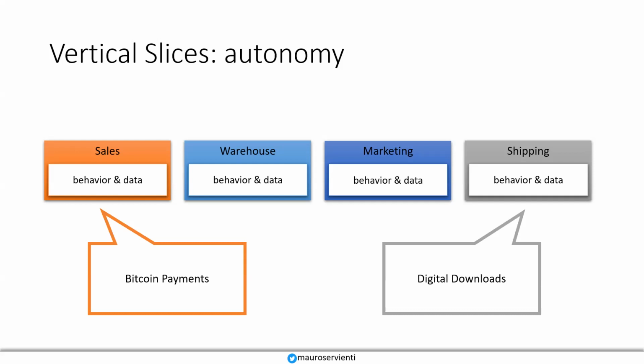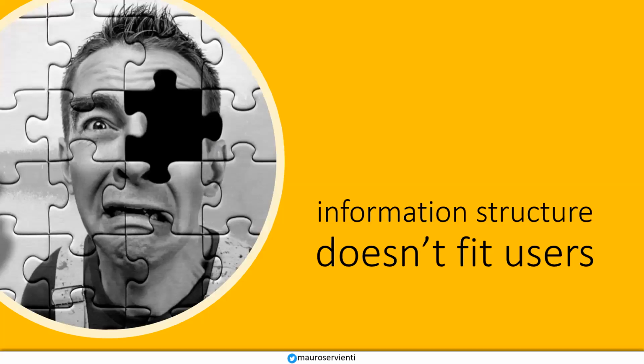What's the problem now? And I already see a couple of questions that I might answer in the next few minutes. So it's obvious that as soon as we remove the shopping cart that sits in the middle and we chop it, moving information into their own components or services, the information structure doesn't fit the users anymore.